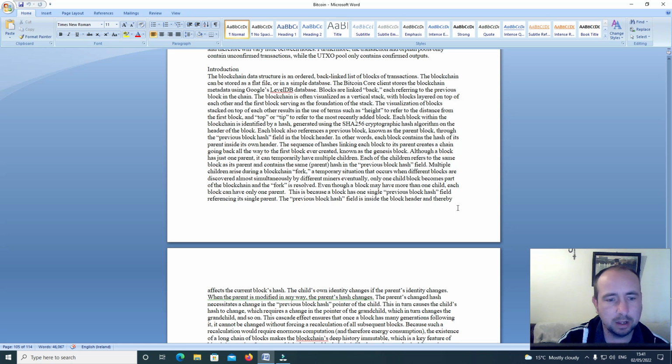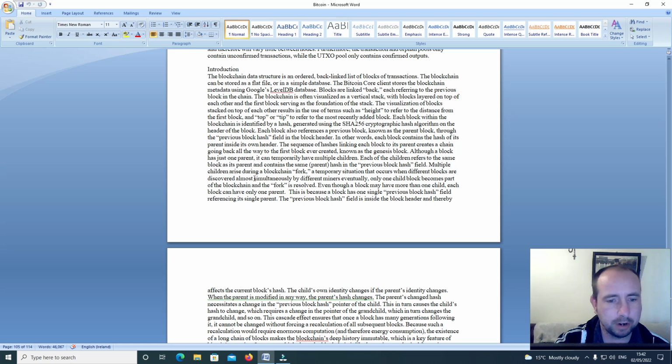Although a block has just one parent, it can temporarily have multiple children. Each of the children refers to the same block as its parent and contains the same parent hash in the previous block hash field.